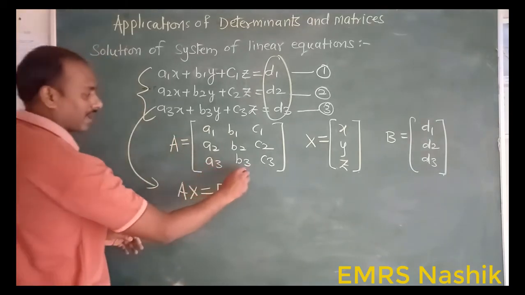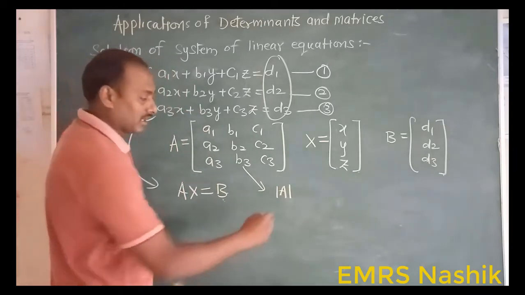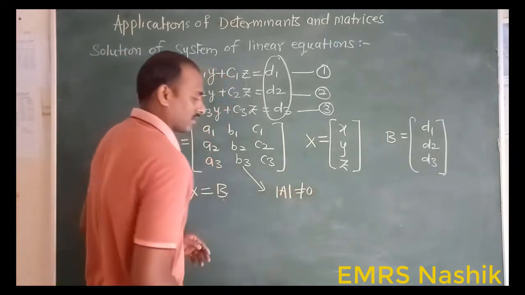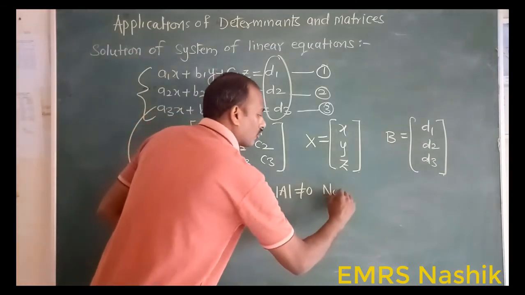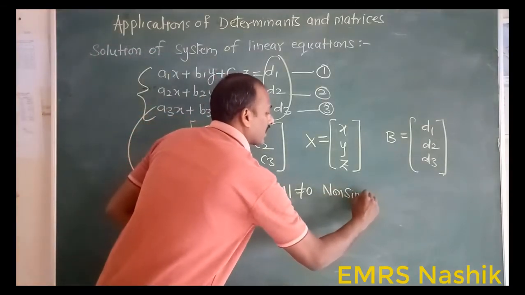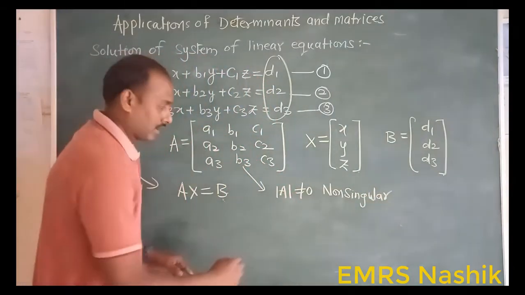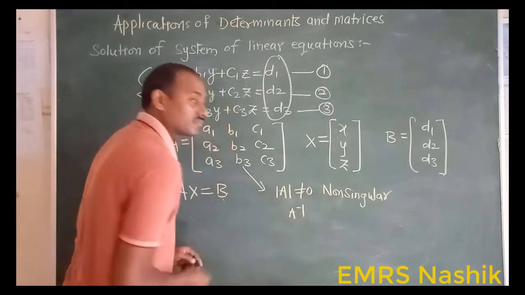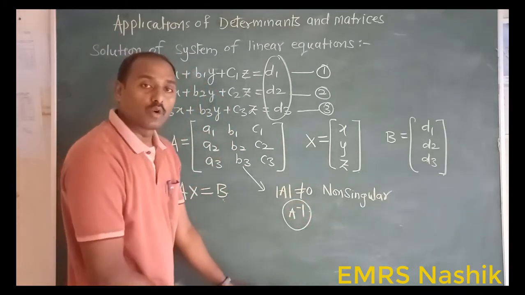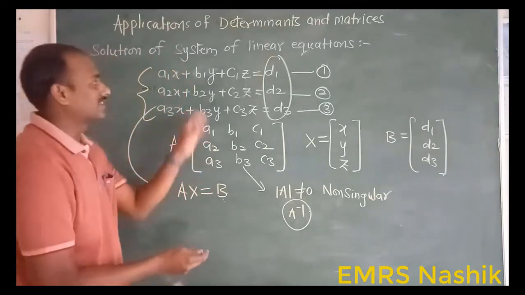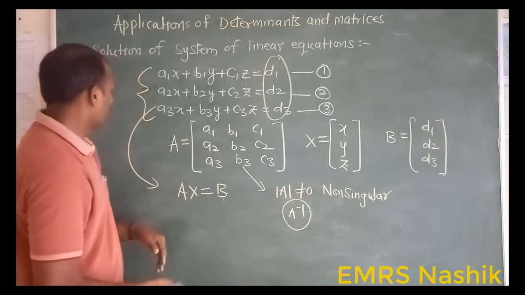Suppose the determinant of this coefficient matrix A is not equal to 0. That means this matrix A is non-singular, and if this matrix is non-singular, then A inverse exists. Now by using this A inverse, we are going to find the solution of this system. How are we going to find the solution?